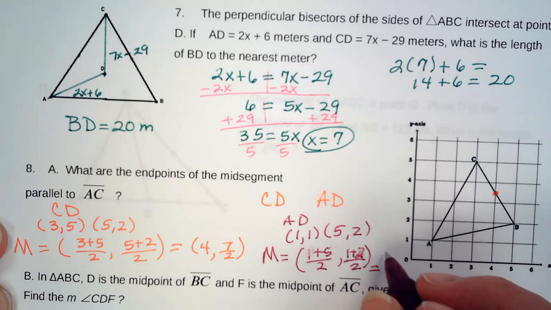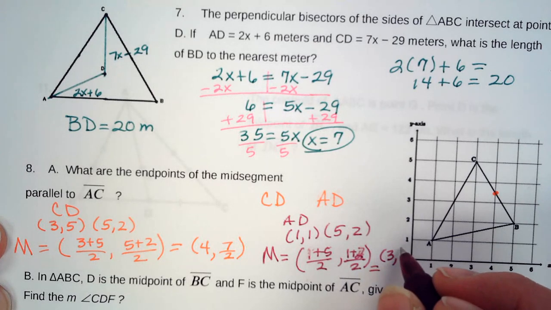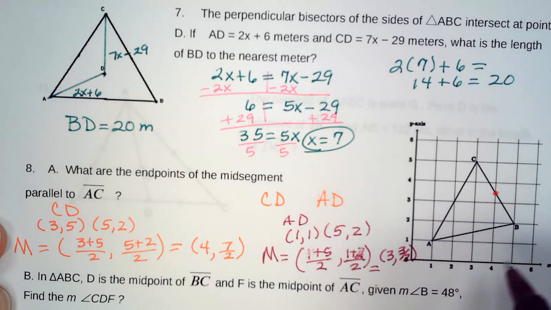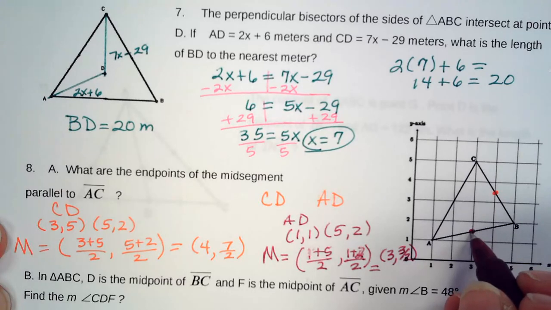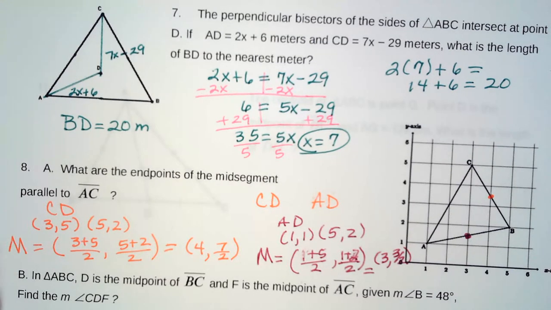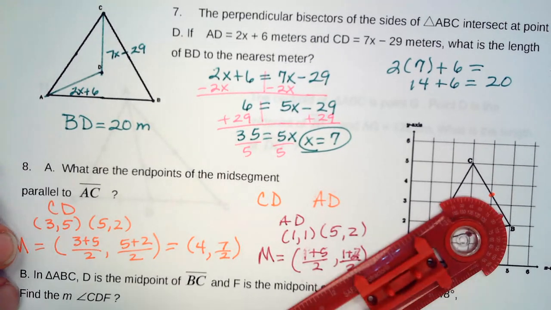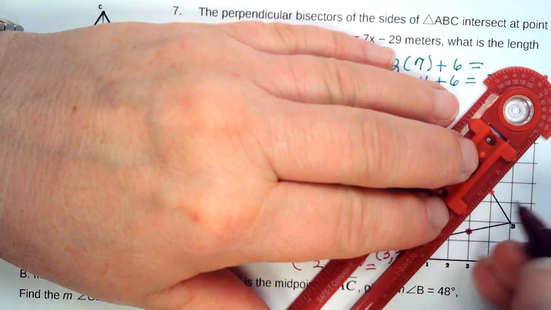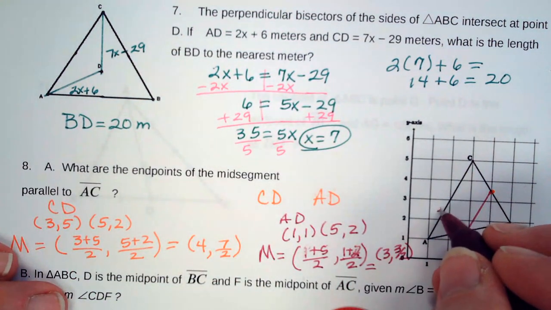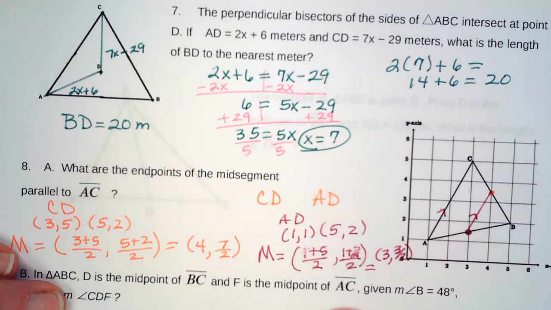Six divided by 2 is 3. 1 plus 2 is 3, divided by 2 is 3 halves, and that is our point. So we're looking at 3 and 3 halves, and this is our mid-segment. So I'm actually going to want to draw it in. And I know that these two are parallel.